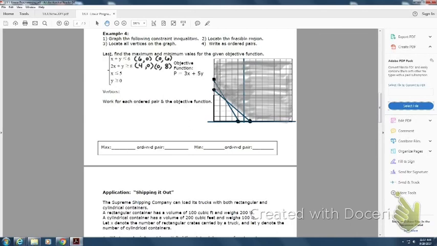Okay. The next one is greater than. So am I going to shade above or below that line? Below. So it's just going to be that little corner area.